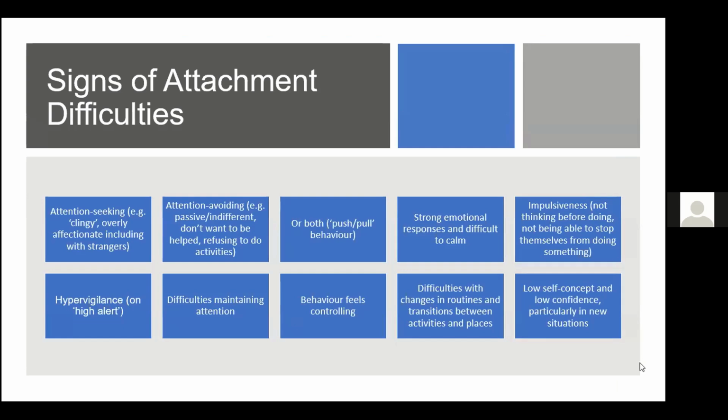We would see a lot of automatic responses, so children that are constantly in that fight, flight, freeze response, and that are unable to respond to logic or to reason. Children with high levels of impulsiveness potentially, so they've got less control over their behaviour and they're not able to recognise the consequences because they haven't got that model and that cycle to refer back to.